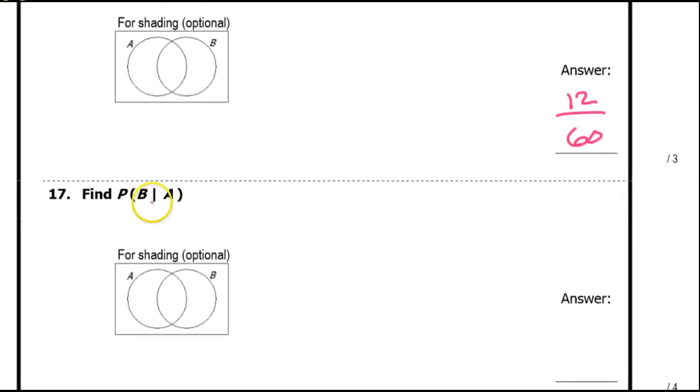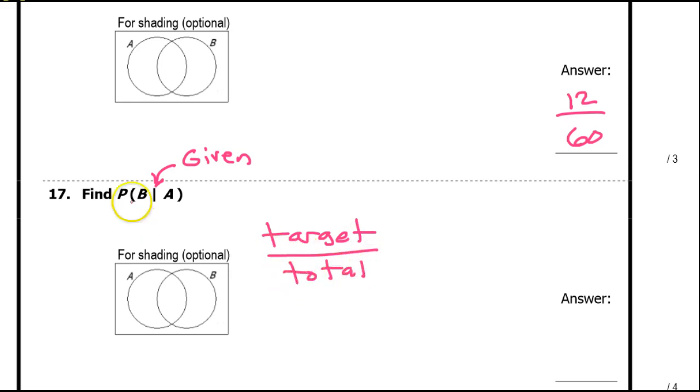This is that given business again. So this is read as given. When I do my probability, I'm going to do target over total. The B is going to be the target. The A is going to be the total.